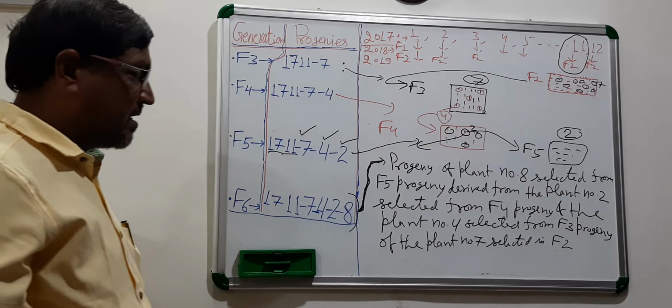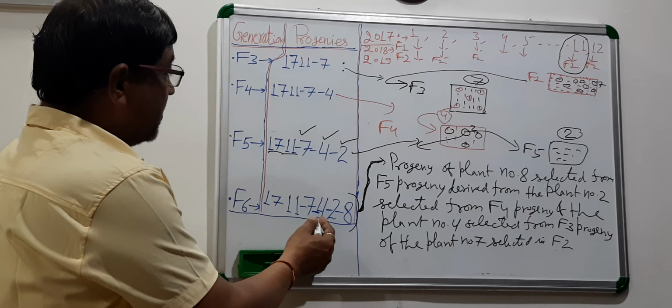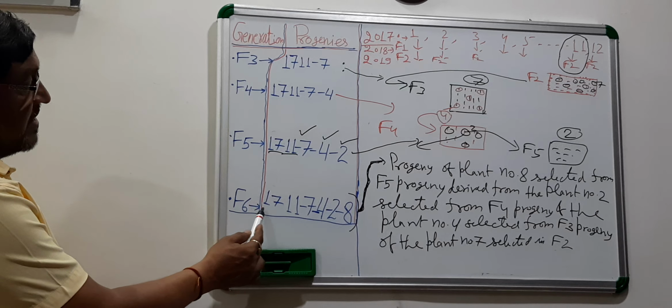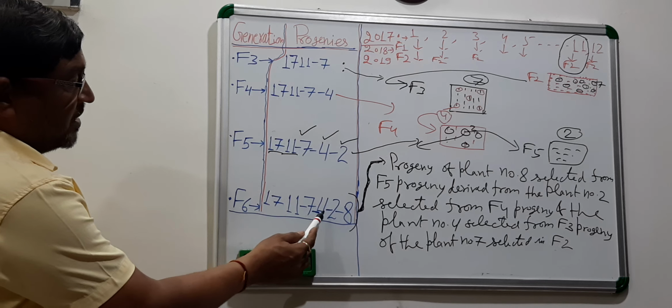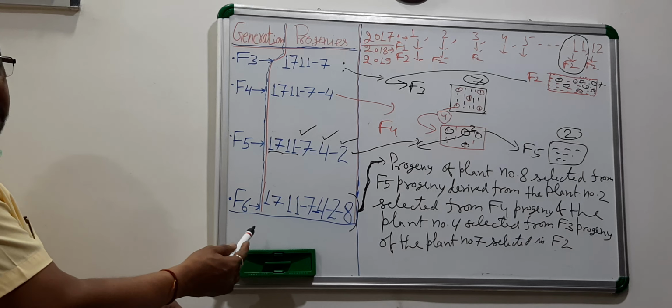Now you come to the final stage F6, after which there will be F7 generation, there will not be any segregation afterward. So if it is 17, 11-7-4-2-8, this is F6 generation.